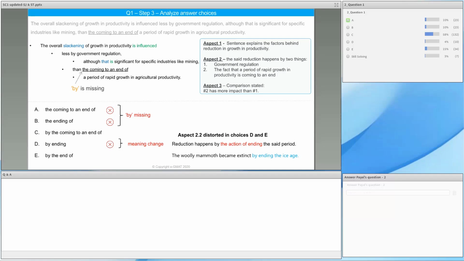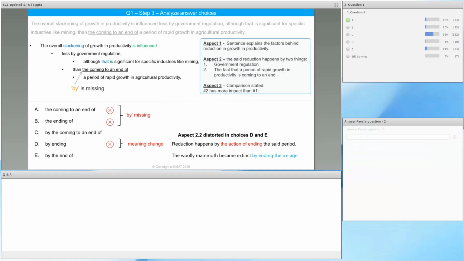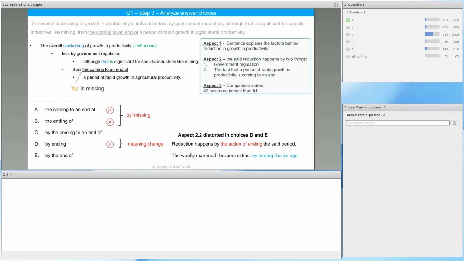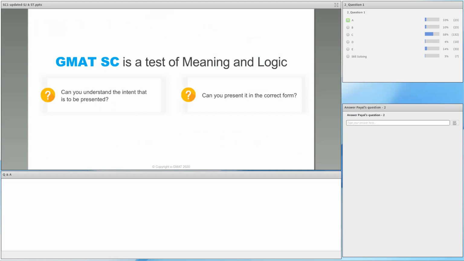So does everybody see that there's no action taking place? Nobody's ending this action here, okay? So we reject choice D based on that.